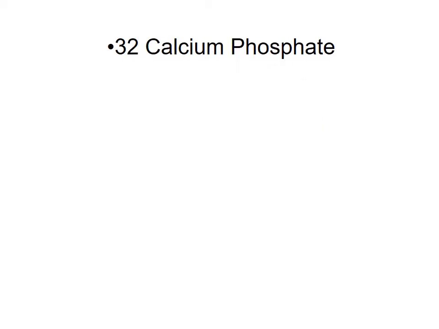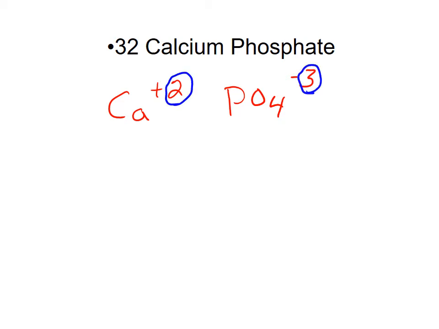32, we have calcium phosphate. So the symbol for calcium is Ca. Oxidation is +2. Phosphate is PO4 -3. Once again, we have a situation where they don't add to 0, so we're going to do a cross.